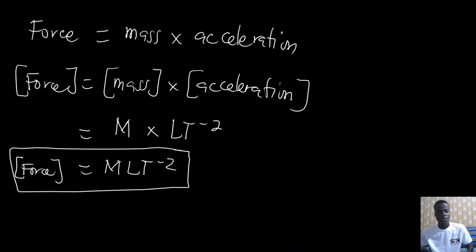This is for force. Now the next one, let's try to find it for work, because we now have force. So now the dimension of work or energy. Work is a form of energy, right? So anything that is energy will have this particular unit. But we know that work is equal to force times displacement.